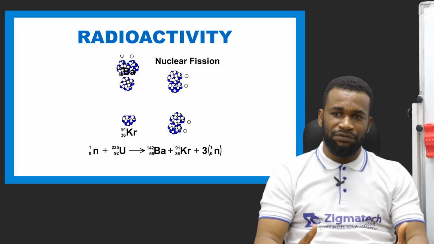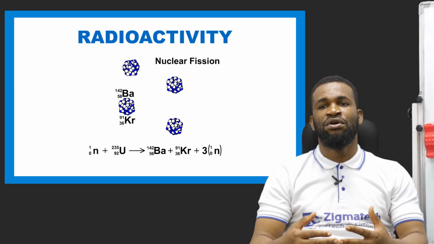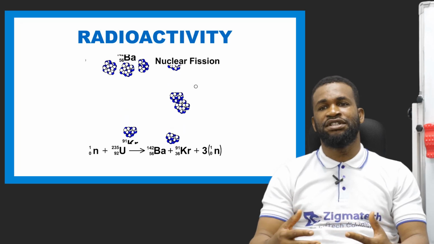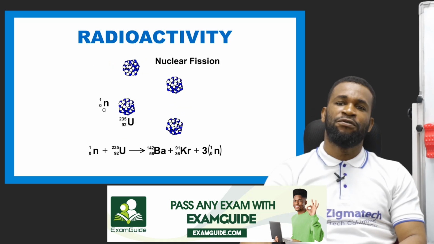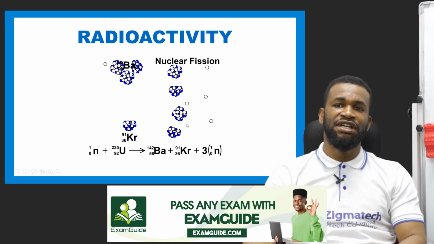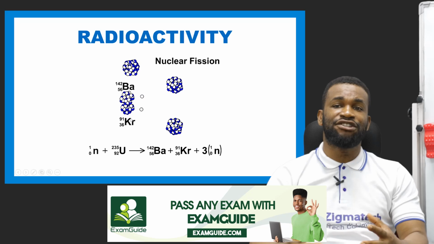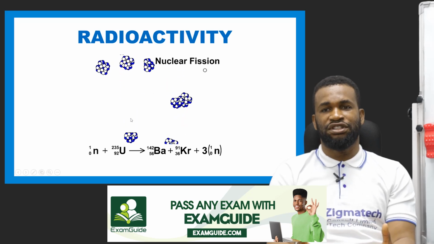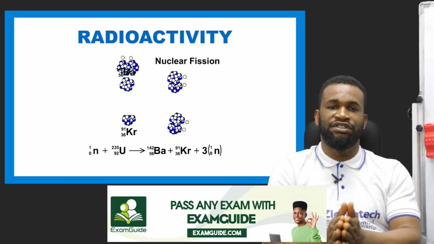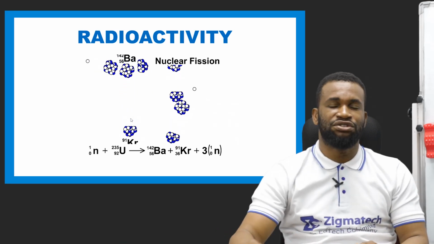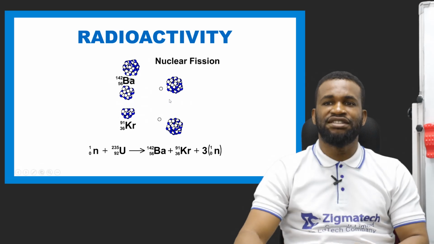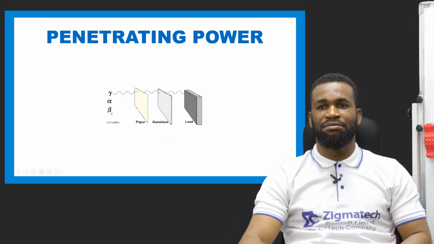In the course of our lesson, we are going to explain to you different kinds of radioactivity and probably why they occur. But what I'm telling you is that for this to occur, it means two things. Either it naturally wants to break into different places, or somebody made it happen, which is called bombardment. So this is the idea of what radioactivity is all about.